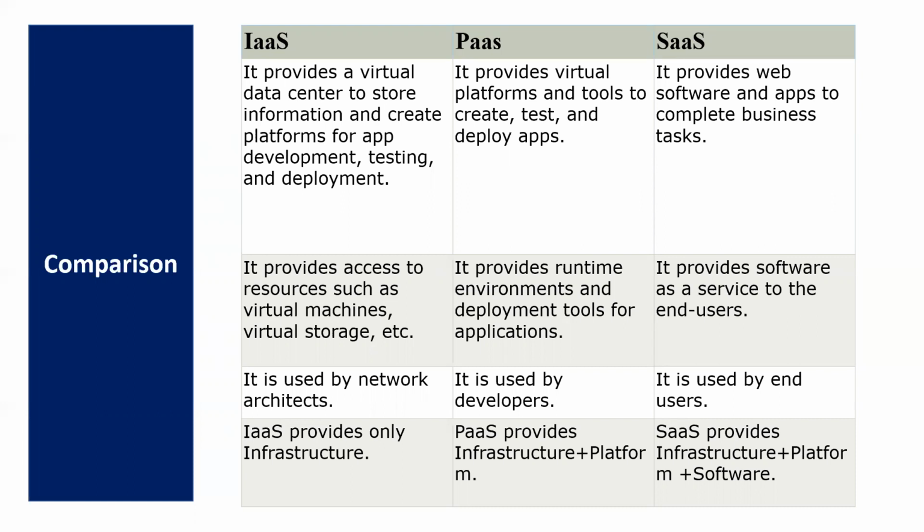Obviously, it also provides infrastructure for networking. Now PaaS actually provides virtual platforms and tools to create, test, and deploy apps. And SaaS provides web software or applications to complete your business tasks.